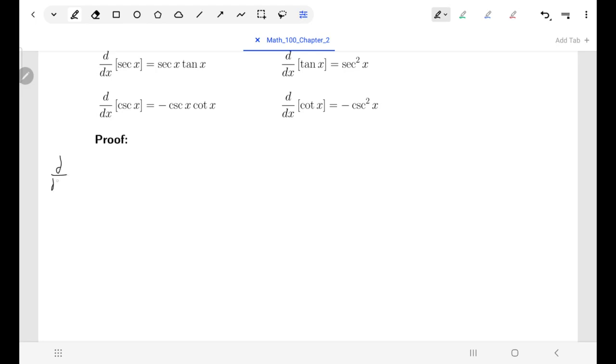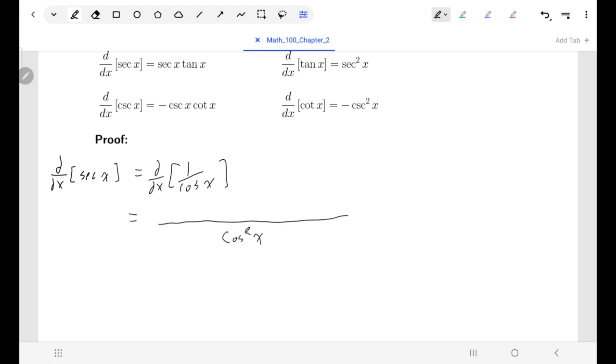If we're looking at the derivative of secant, secant is the same thing as 1 over cosine. And so now I'm going to use my quotient rule, and I have the denominator gets squared. That's cosine squared.